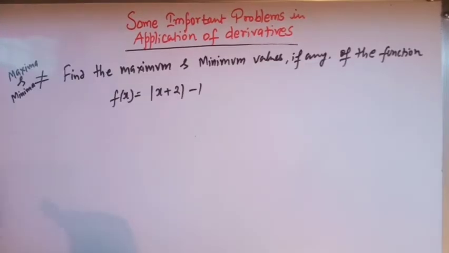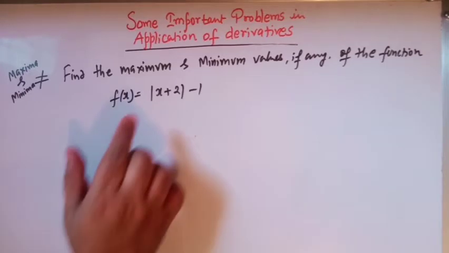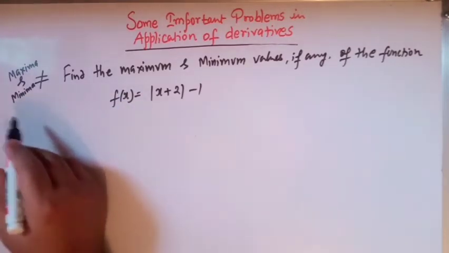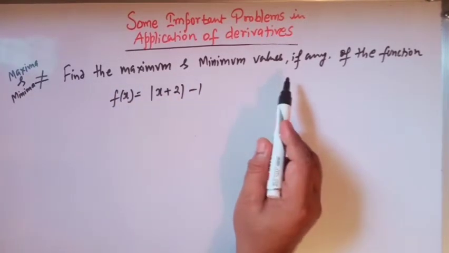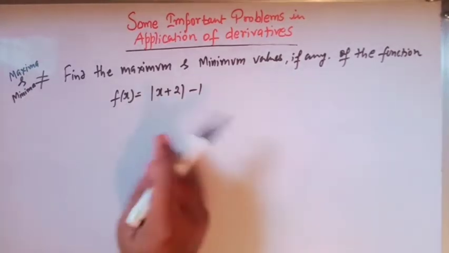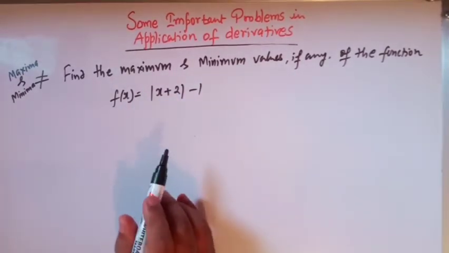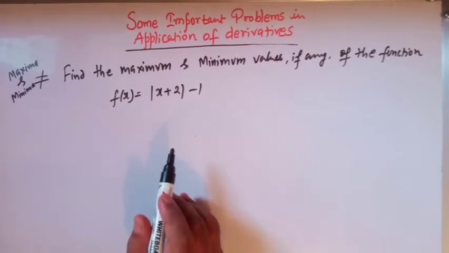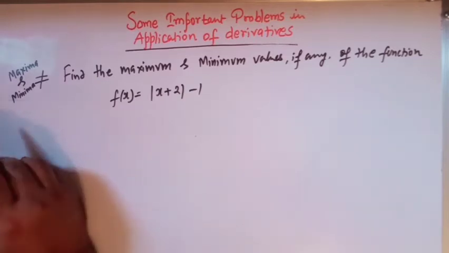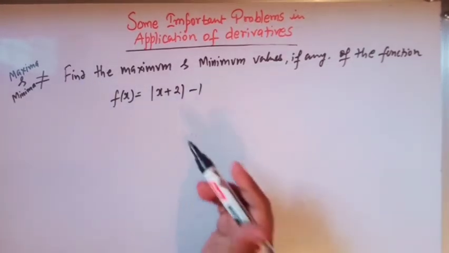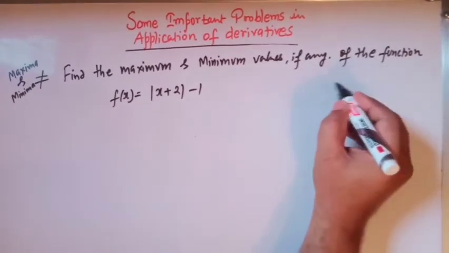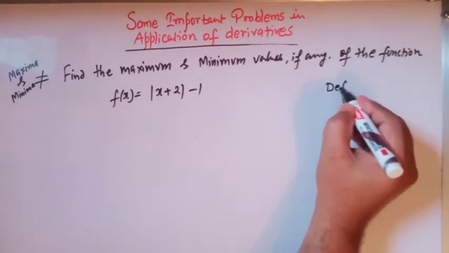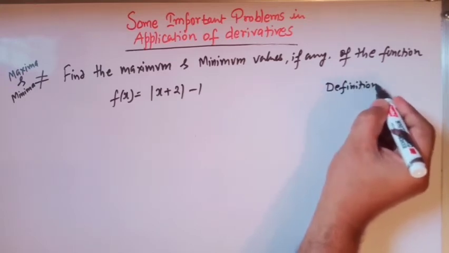Now viewers, let us take this problem, and this problem is from maxima and minima. Find the maximum and minimum values if any of the function. So here we are given a function, and we have to find its maximum and minimum values if it exists, right? Now we have seen in our earlier videos in detail how to find the maximum and minimum values by using the definition of maxima and minima.